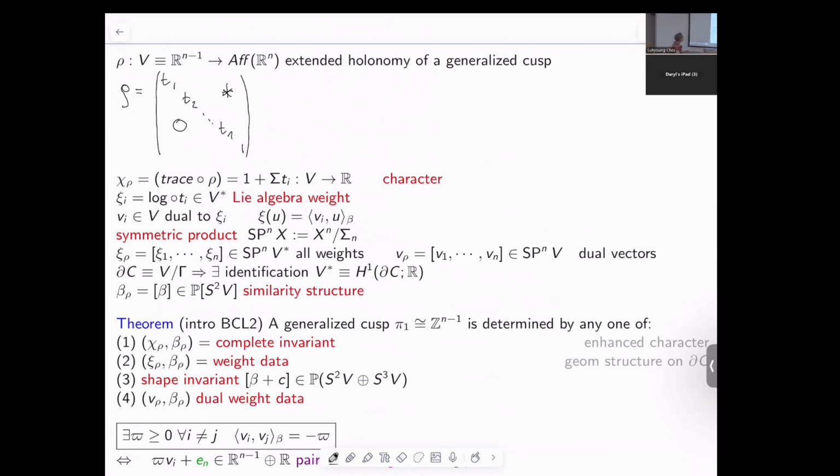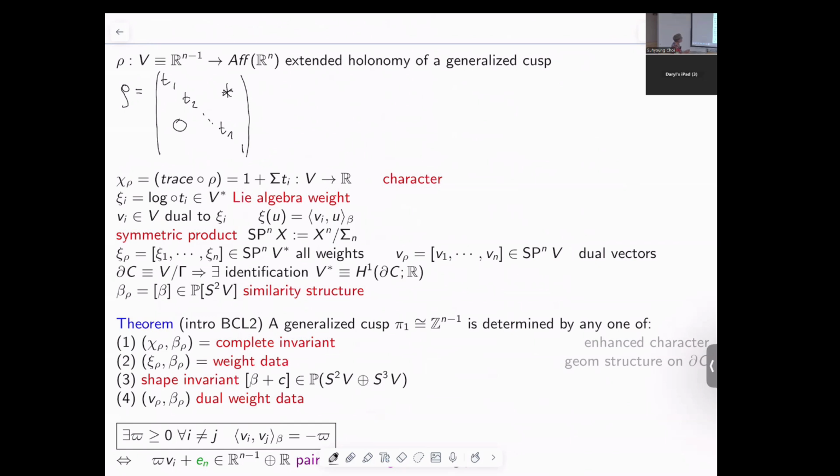Instead of taking the character, you can take the weights. So these entries down the diagonal are the weights of this representation. They're functions on the group. Actually, I'm going to take their logarithms. In other words, I'm taking the weights in the sense of Lie algebra.